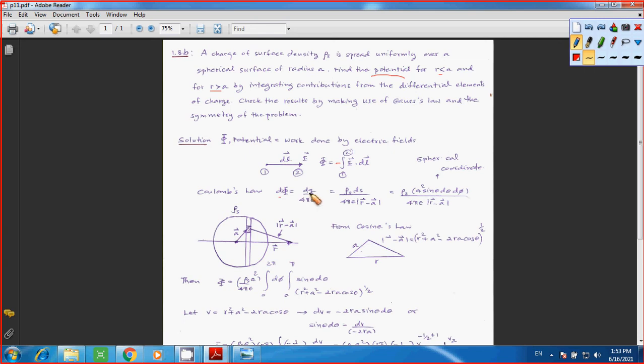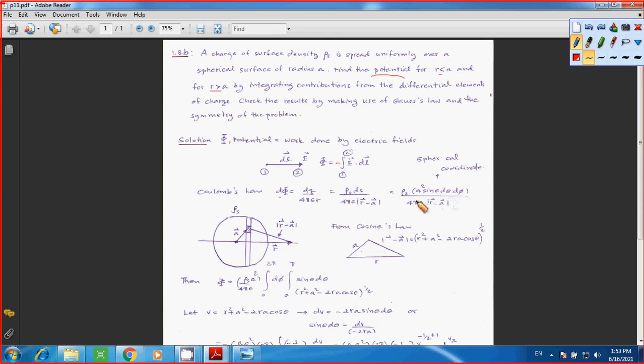Now we start working on the problem. dq becomes the charge density multiplied by the small area, which is ds. Now for spherical coordinates, you can see the picture. This is the sphere. There's no charge inside the sphere. It's not a solid sphere. The charge accumulates only on the surface of the sphere. For spherical coordinates, your ds is going to be a squared sine theta d theta d phi.